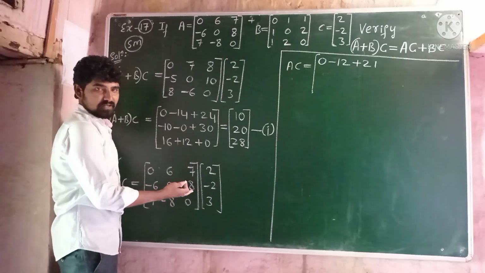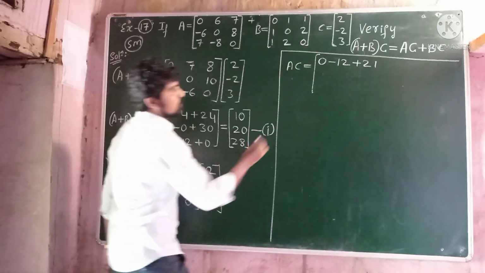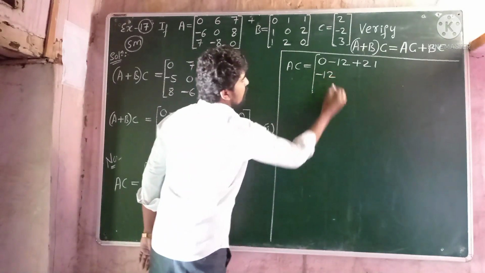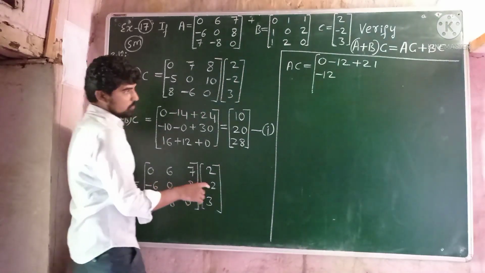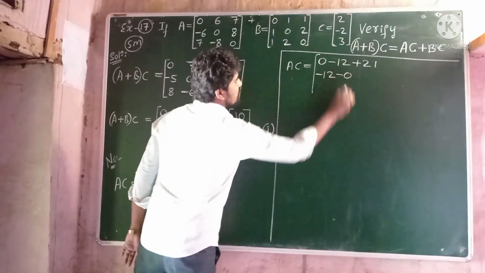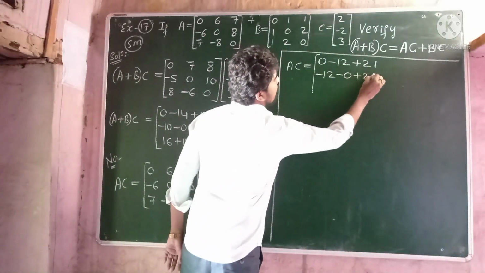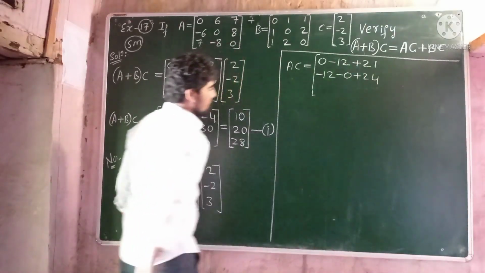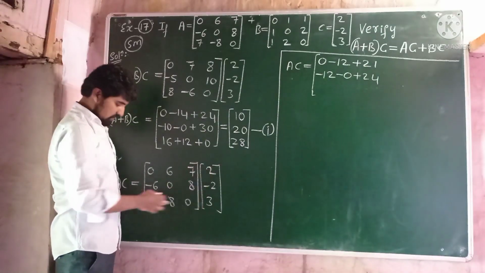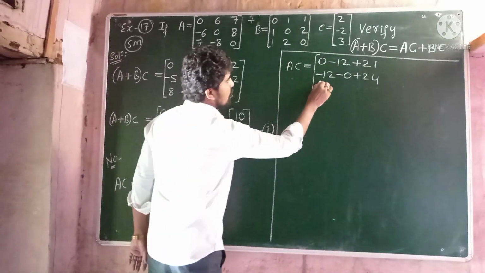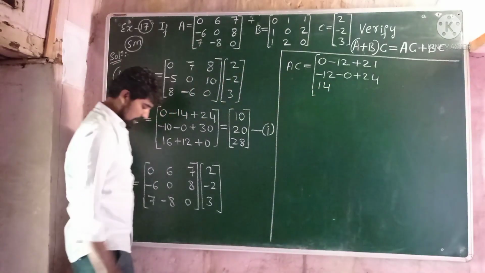Obviously we move towards the second row. Minus 6 into 2, minus 12. 0 into minus 2, 0. 8 into 3, 24. And similarly the third row with this column, 7 into 2, 14.